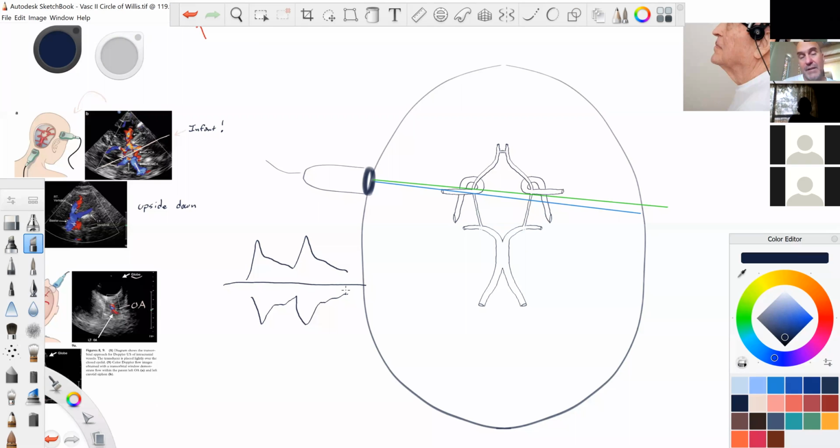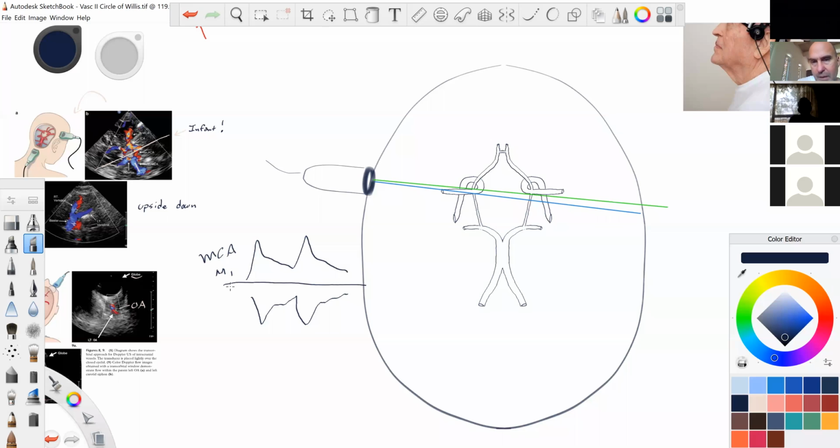Now, sometimes that's artifact. We'll talk about that soon enough. Sometimes it's artifact when you have arterial flow on both sides of the vessel. But in this case, it's not artifact, it's 2 different vessels. It's the MCA and the M1 section of the MCA. I'll just go ahead and write that, M1.